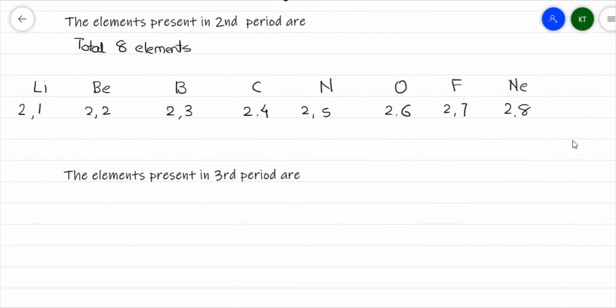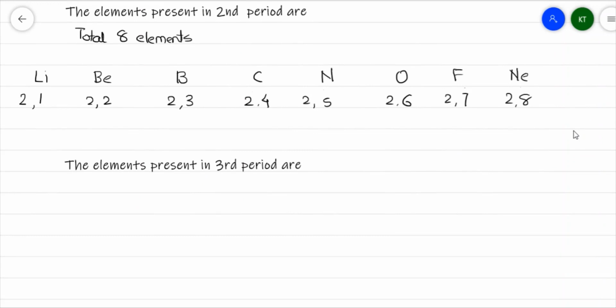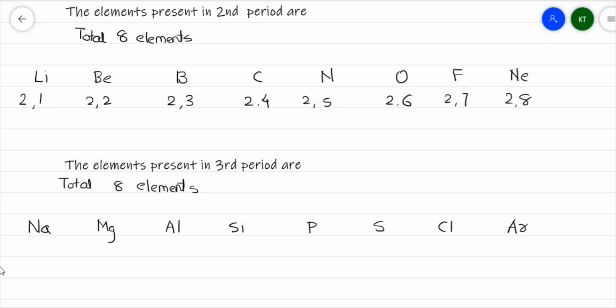Then the elements present in the third period of the periodic table, there are also a total of 8 elements. They are sodium, magnesium, aluminium, silicon, phosphorus, sulfur, chlorine and argon.